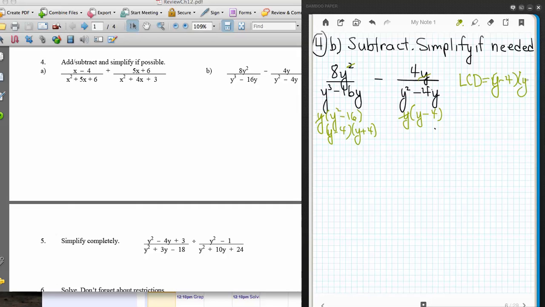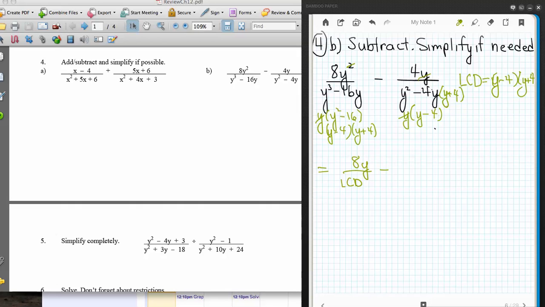So there's not going to be anything that happens in my first term in order to build this higher term. So my first term is going to look like 8y over that LCD. Now in my second one, I do have to do some work here. I need to multiply this second term, top and bottom, by y plus, not plus 3, y plus 4, because y plus 4 is my other factor in the conjugate.